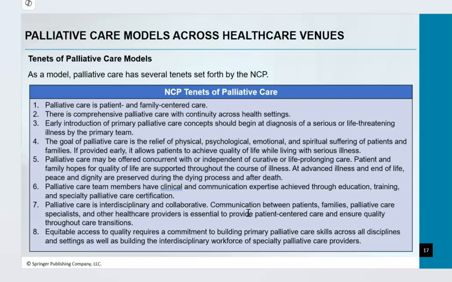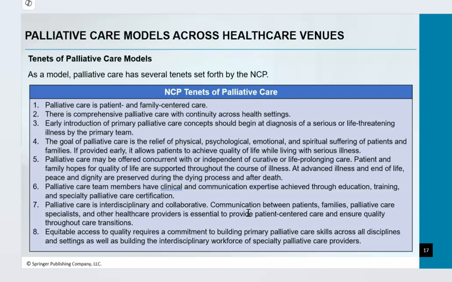The goal of palliative care is the relief of physical, psychological, emotional, and spiritual suffering. If provided early, it allows patients to achieve quality of life while living with their serious illness. Palliative care may be offered concurrent. We talked about that. At advanced illness and end-of-life care, peace and dignity are preserved during the dying process and after death.